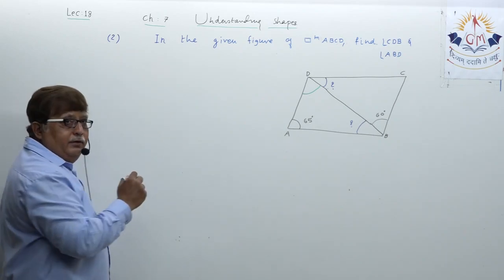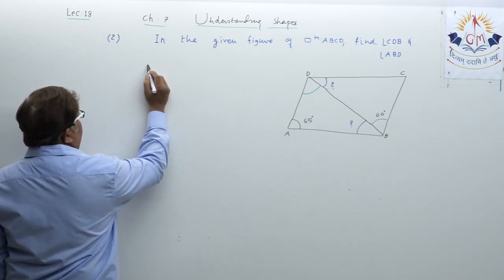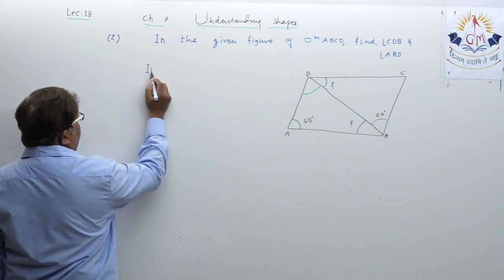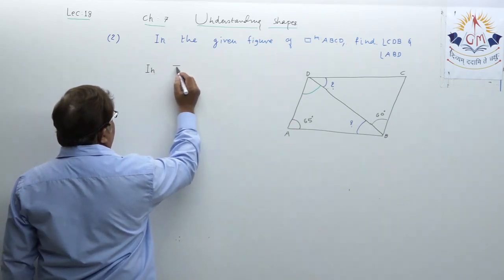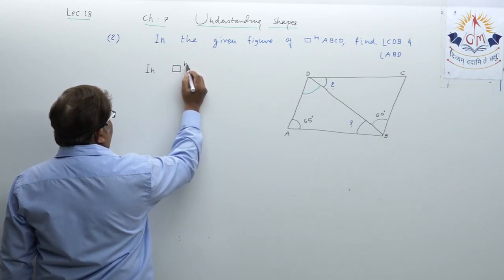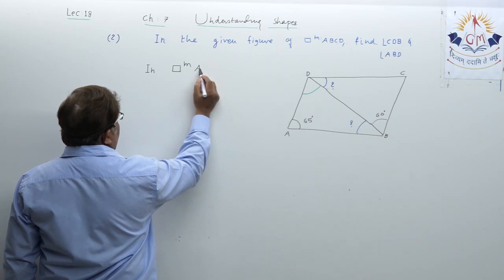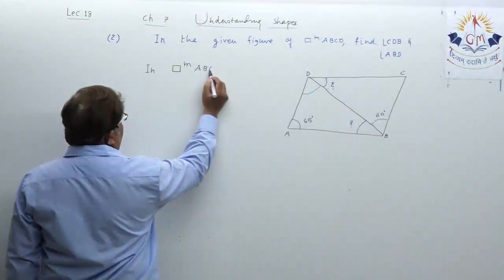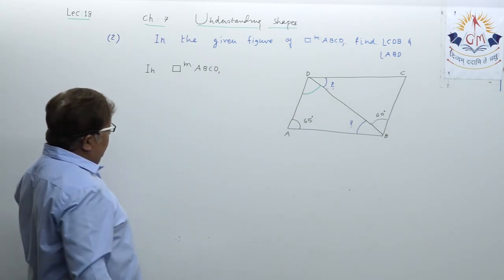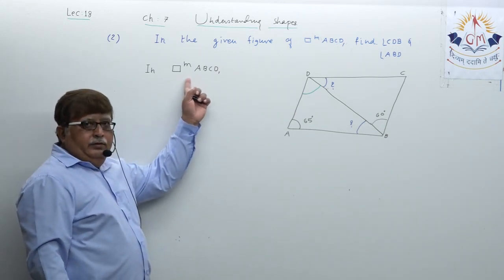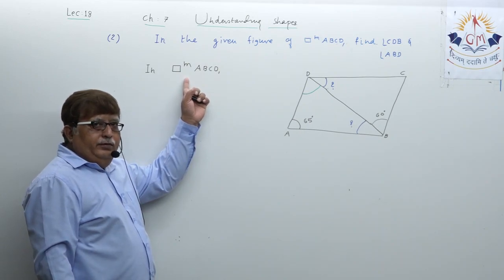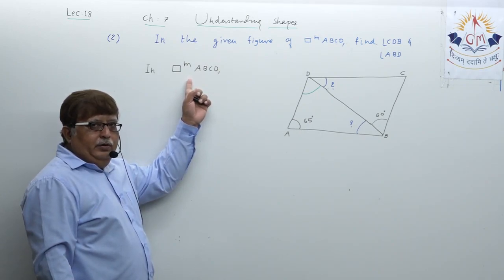What should we write first? In... This is the way we are solving this. In parallelogram ABCD, though it hasn't been used in this symbol in your textbook, that's the universal way to write parallelogram.